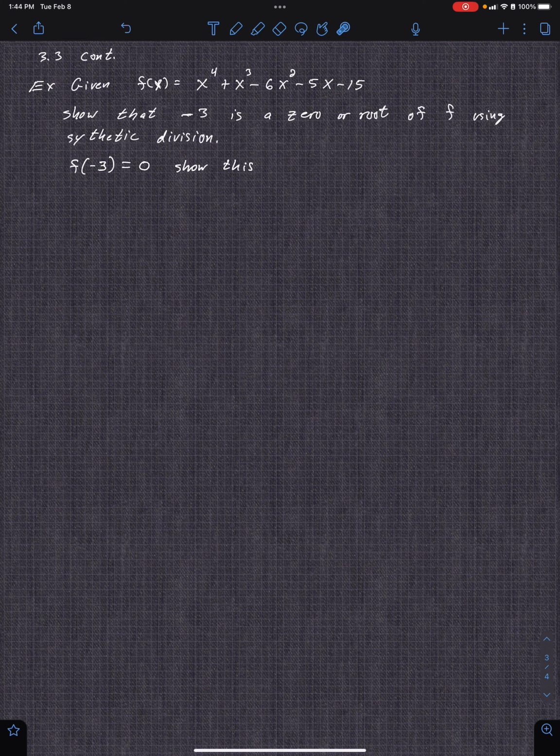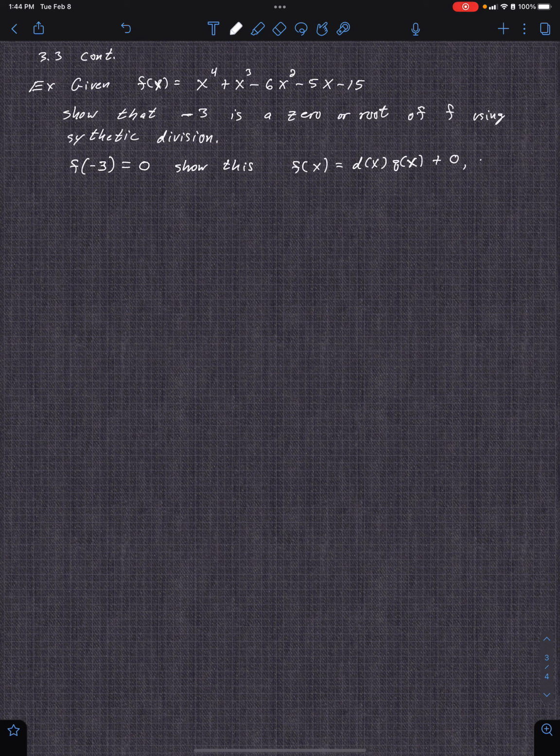Plus, it gives us some more information as well, because it actually helps factor the polynomial if it is indeed a 0. So the remainder theorem will say f of x equals d of x, which is the divisor, times your quotient q of x, and then if it is indeed a 0, you'll have plus 0 for your remainder.